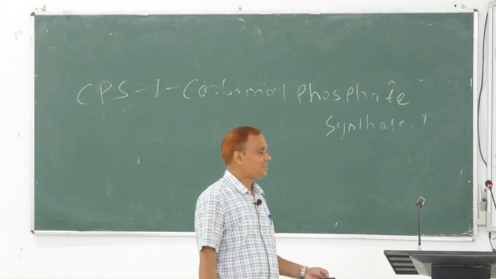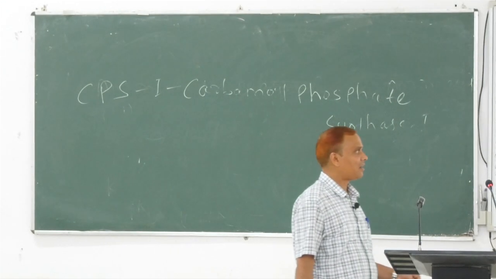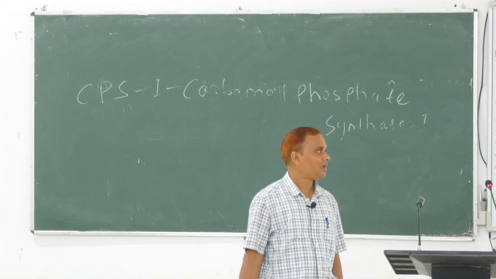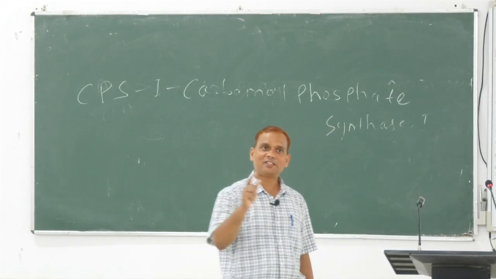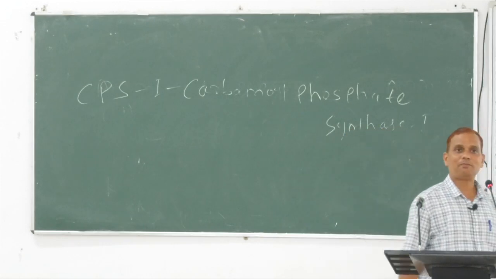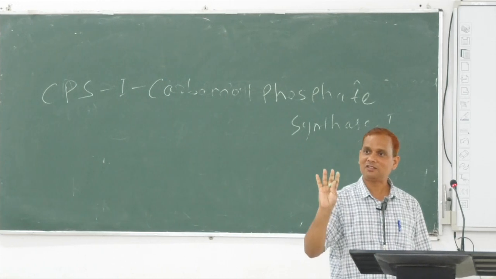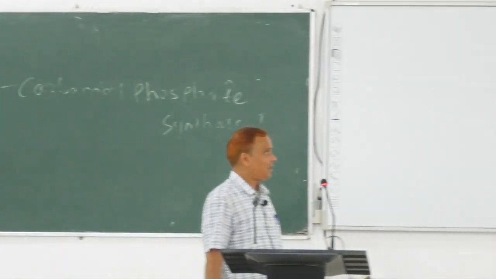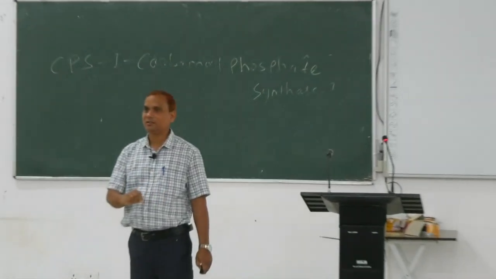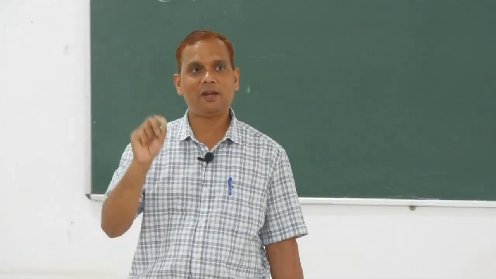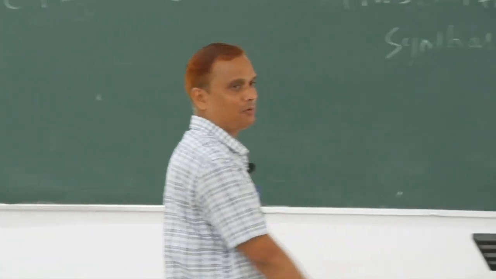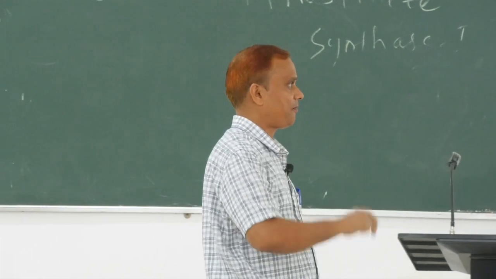So by carbamoyl phosphate synthase 1, ammonium ion plus carbon dioxide forms carbamoyl phosphate. This reaction is also ATP dependent. Energy required: 2 ATP.